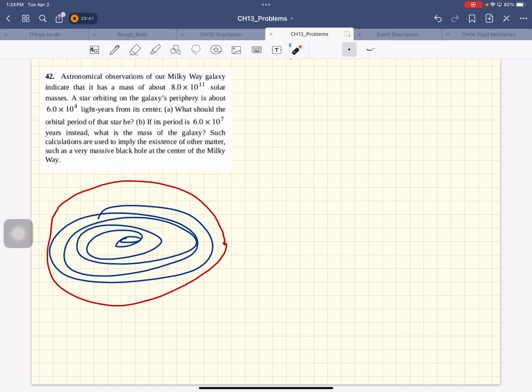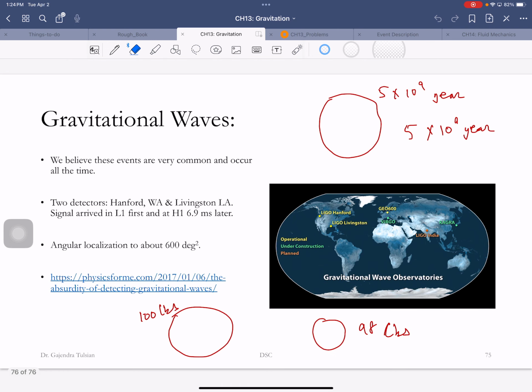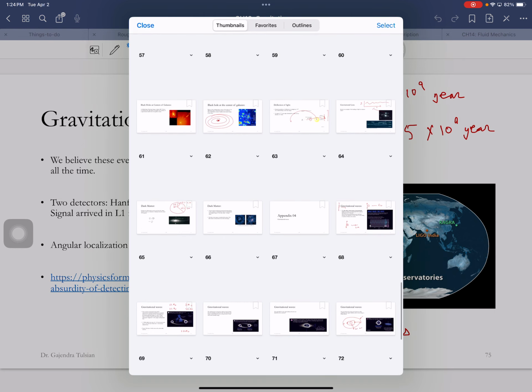All right. Now for this, we'll use Kepler's third law. Kepler's third law says the orbital period squared divided by the radius cubed equals 4 pi squared over G times the mass enclosed. Let me make sure I got the factors correct.